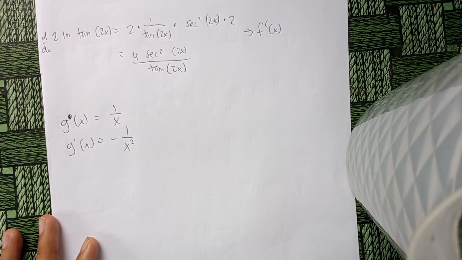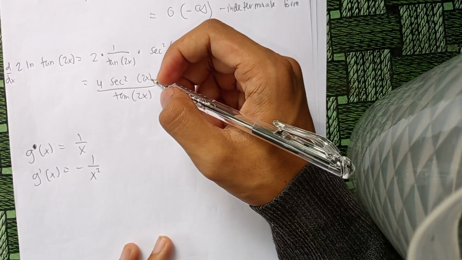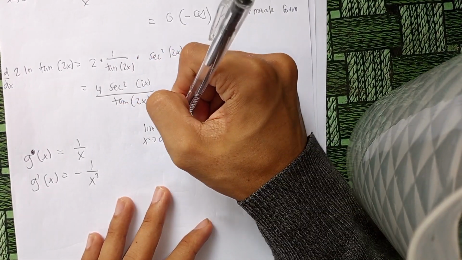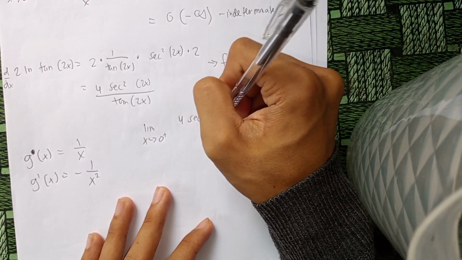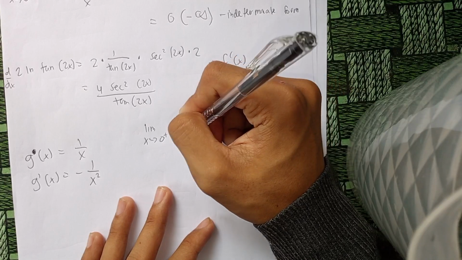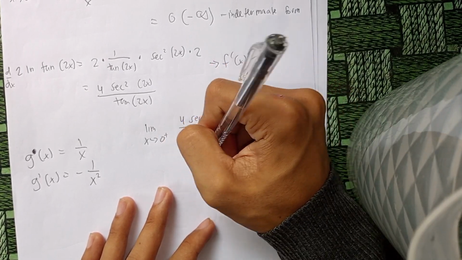So now we have our new limit: the limit of 4 secant squared 2x over tan 2x over negative 1 over x squared.